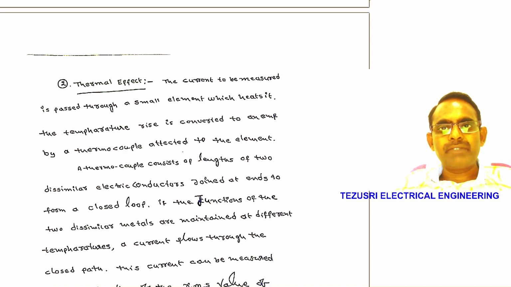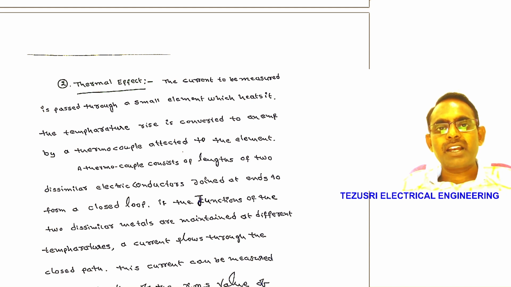Next, the thermal effect. The current to be measured is passed through a small element which produces heat in it. The temperature rise is converted to an EMF by a thermocouple attached to the element. A thermocouple consists of a length of two dissimilar electric conductors joined at the ends to form a closed loop.